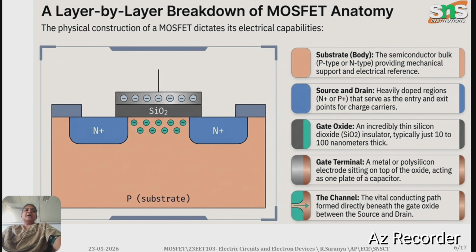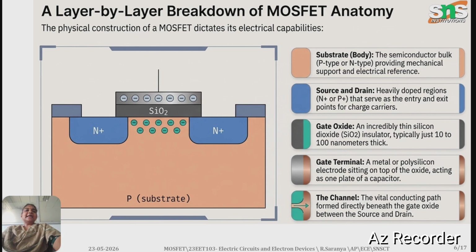This is a simple anatomy, a layer by layer breakdown of the MOSFET. First we have the substrate. It can be P-type or N-type. Based on that substrate, it will behave as an N-type MOSFET or P-type MOSFET. After that we have the source and drain, which are heavily doped with N plus or P plus.